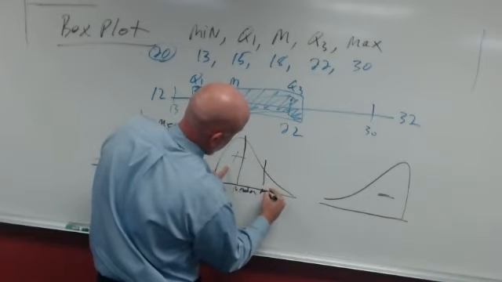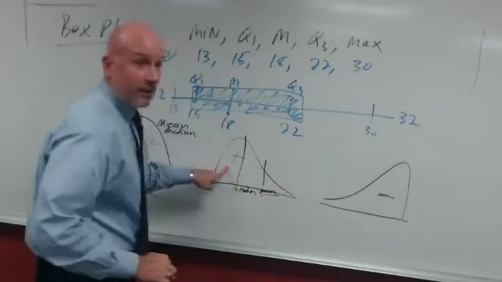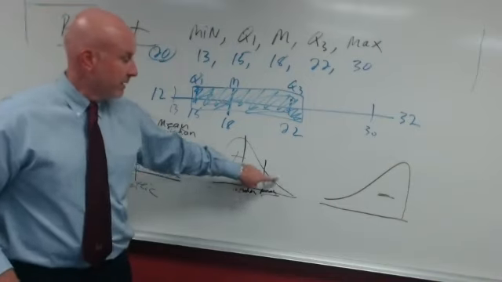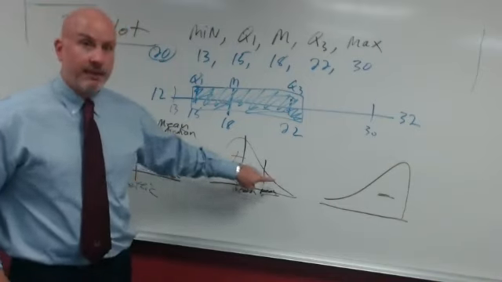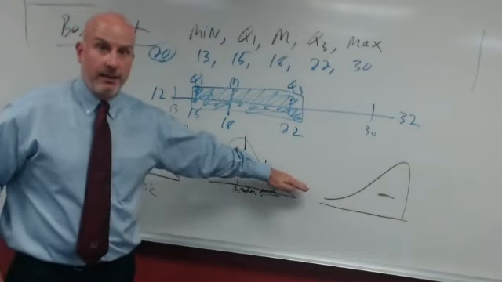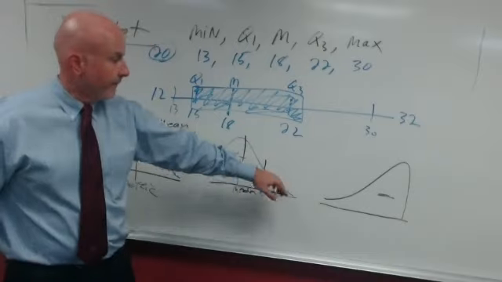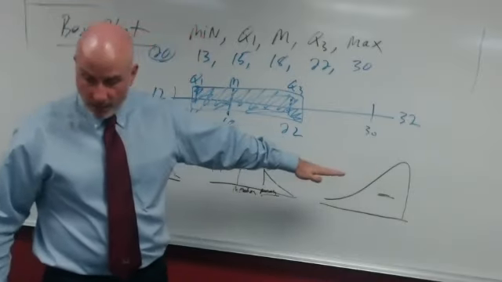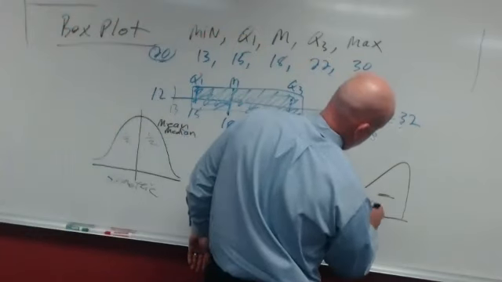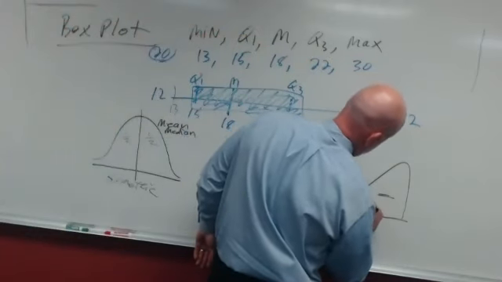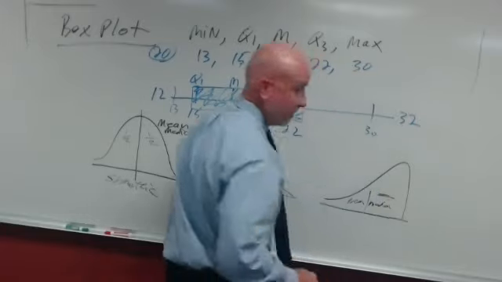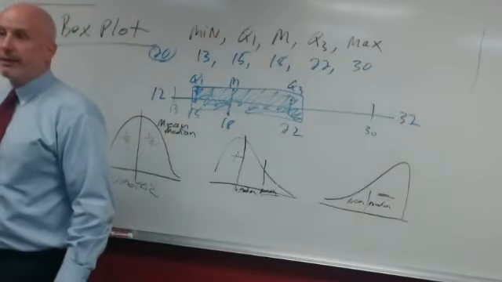And the mean is going to be right of the median. There's more data. Look at this, more data under the curve is out this way. Here, more data is where? The opposite. So the mean is going to be out here to the left.